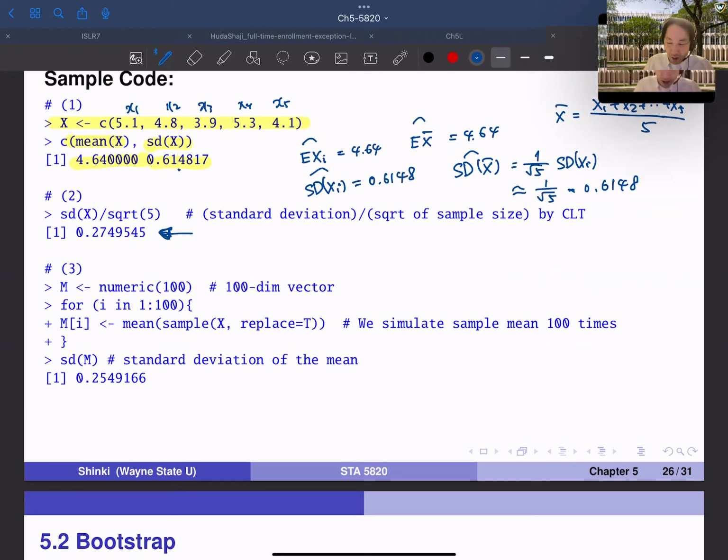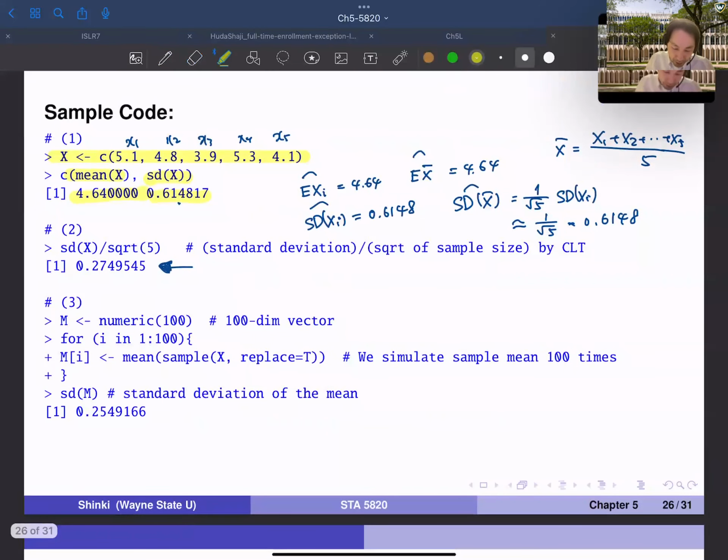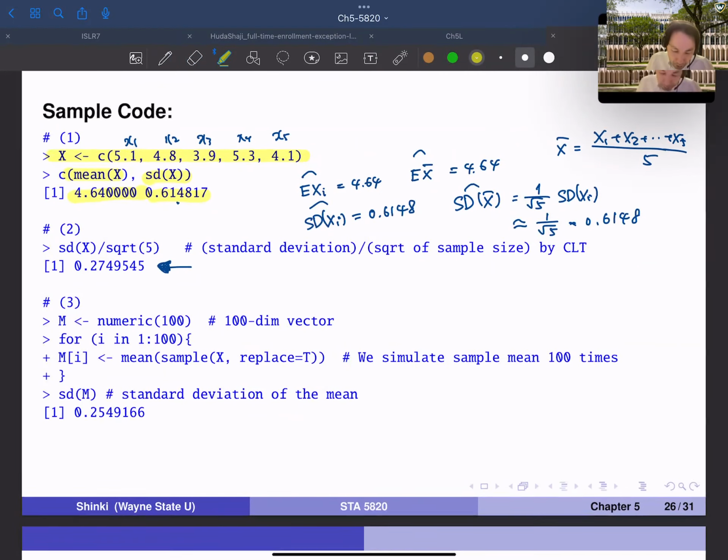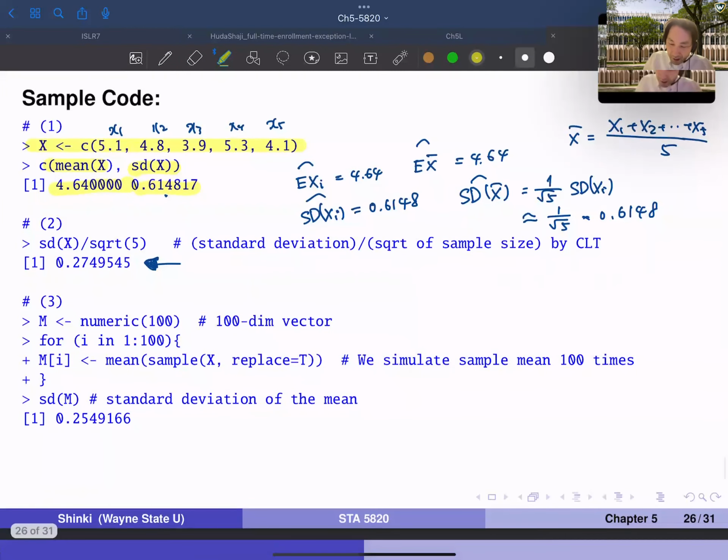All xi should follow the same distribution, and that makes this estimate. But even without those assumptions, the Bootstrap is still based on independence, but without using this theory, the Bootstrap method can estimate this.